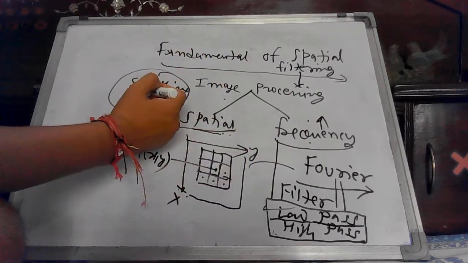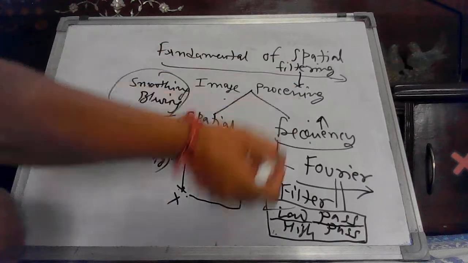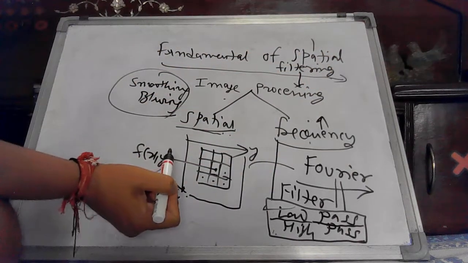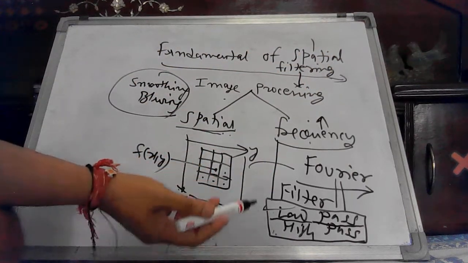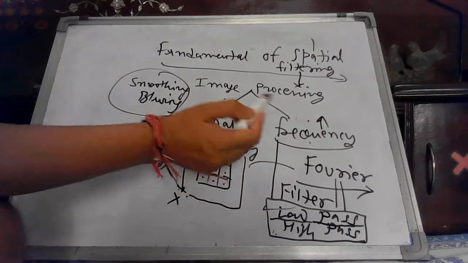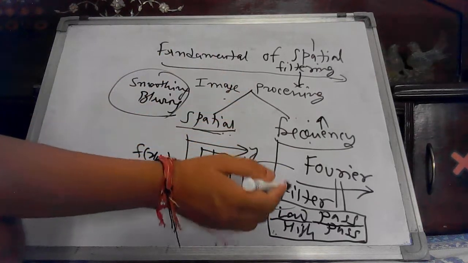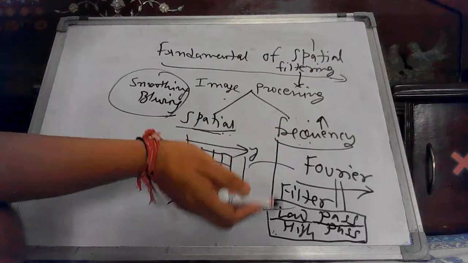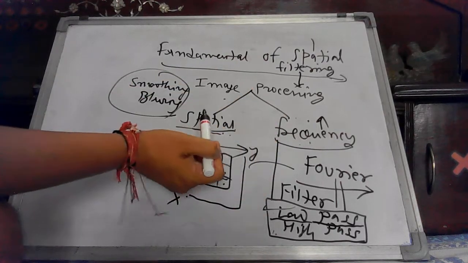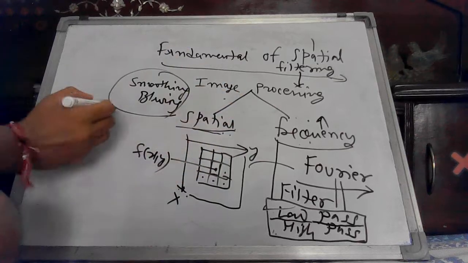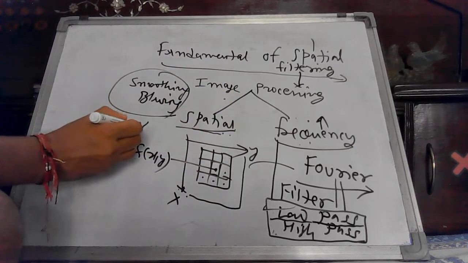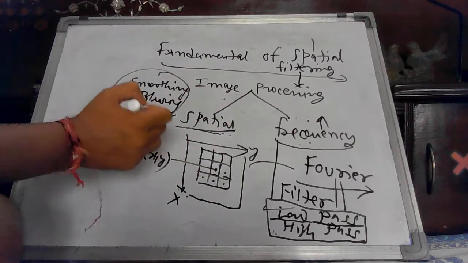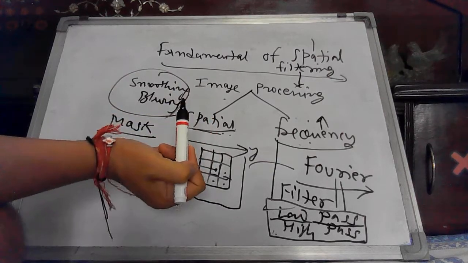Today we are talking about filtering, but filtering in the spatial domain. So how does this correspond? Rather than obtaining everything using frequency, using this filter, the same thing you can obtain by using a mask. I will explain this term just now. By using a mask in the spatial domain.